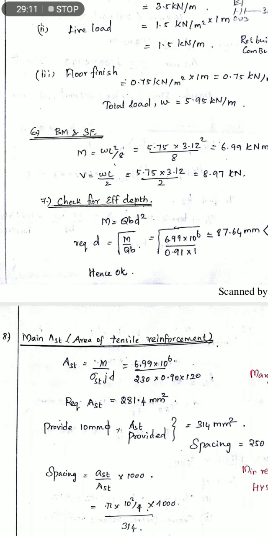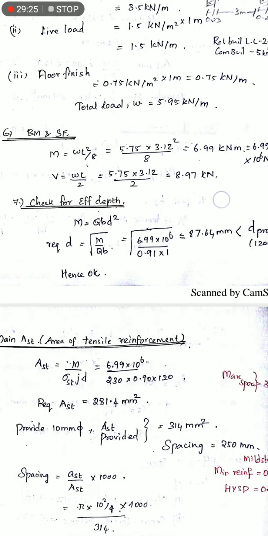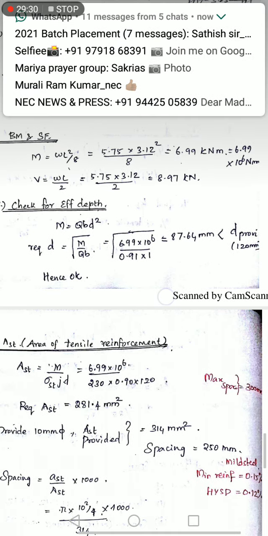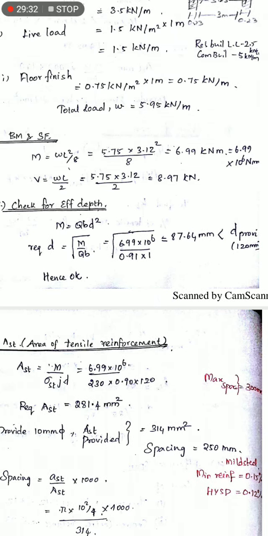Q is a design constant, which we already saw earlier. Therefore root of 6.99 into 10 power 6, since kilonewton meter is converted into Newton mm, divided by Q value 0.91 for combination of M20 and Fe415, B equal to 1 meter width, therefore 84.64 mm required effective depth, but we provided 120 mm.